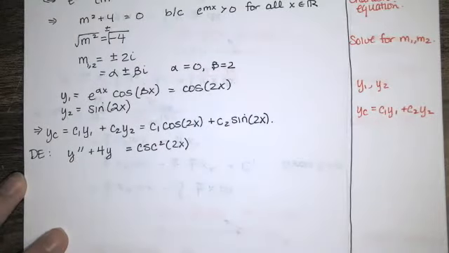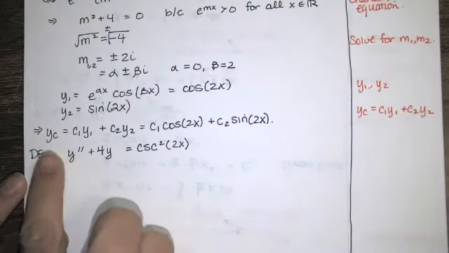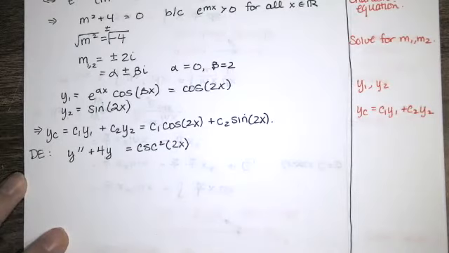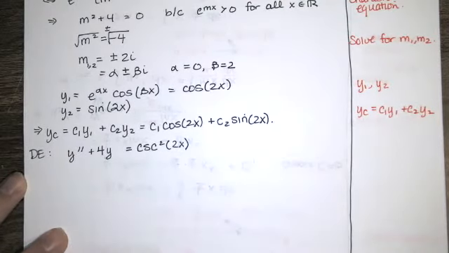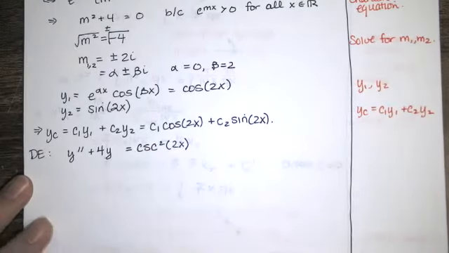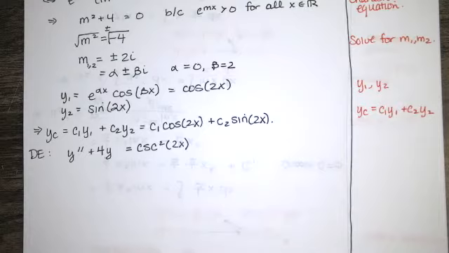It was supposed to be a t, but that's okay. When we divided that sine squared of 2 times our independent variable out, we got to a differential equation that looked like this. And because that right-hand side is cosecant squared, not an exponential, polynomial, sine or cosine, or a finite product or sum of those, we know that we have to use variation of parameters.